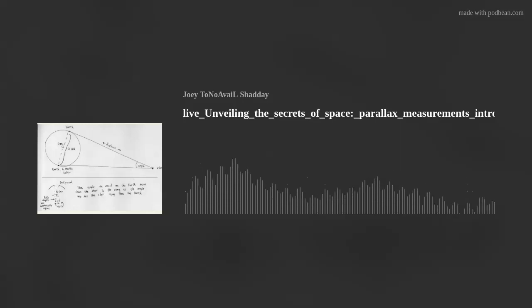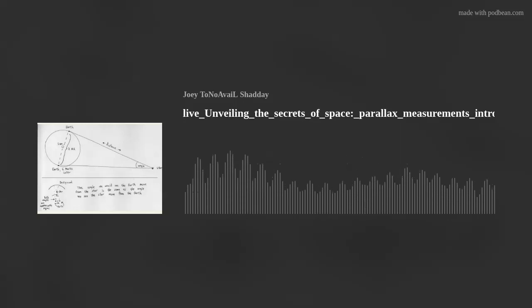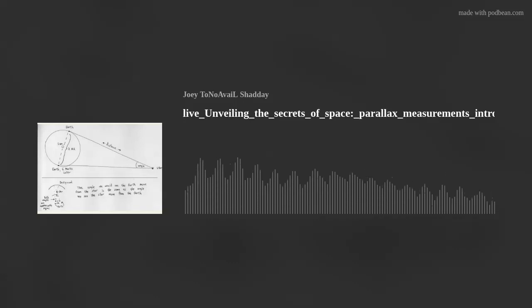The best way is to stick your thumb out and line it up with a sign or anything, it doesn't matter how far away, across the yard, whatever. Close one eye and then open that one and close the other, and you'll see that there's a difference between the object you're pointing at and the object of your thumb. You create a triangle.